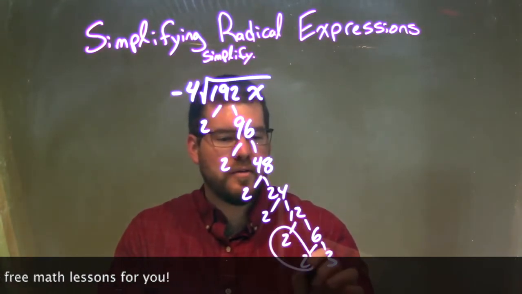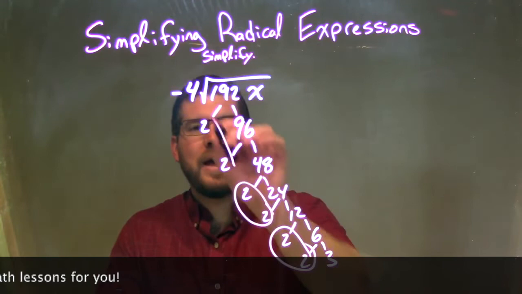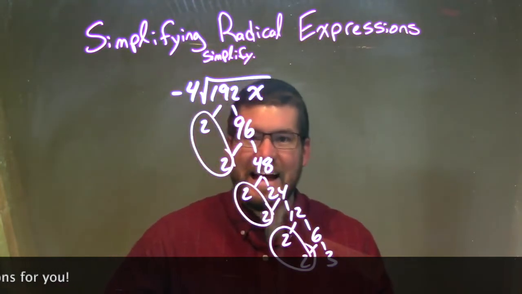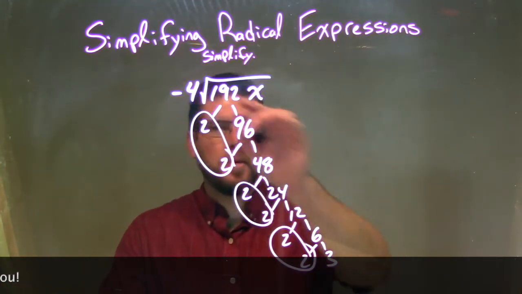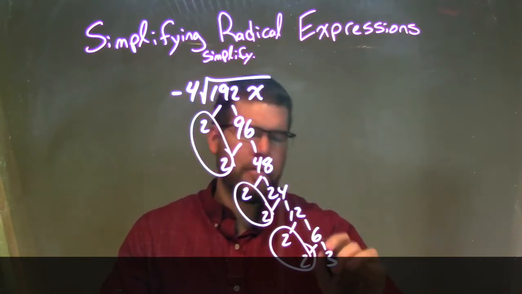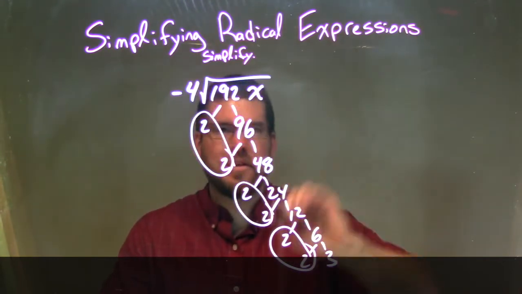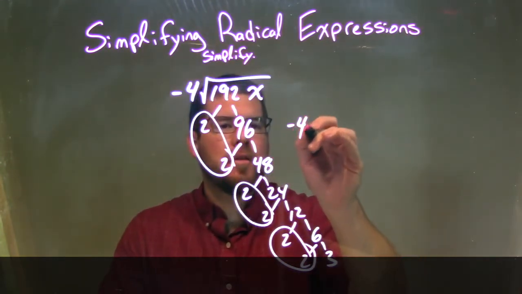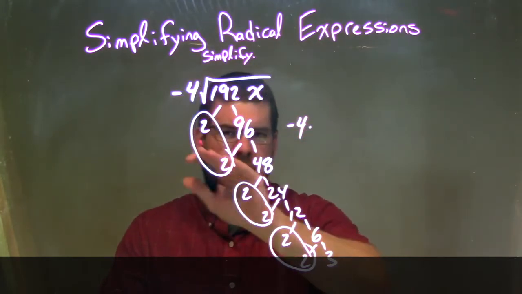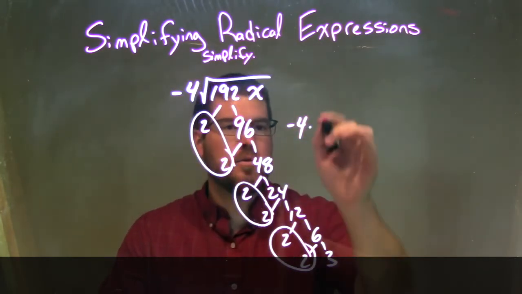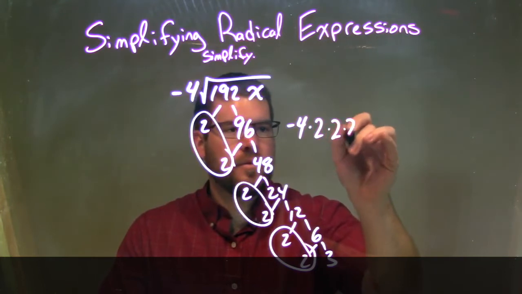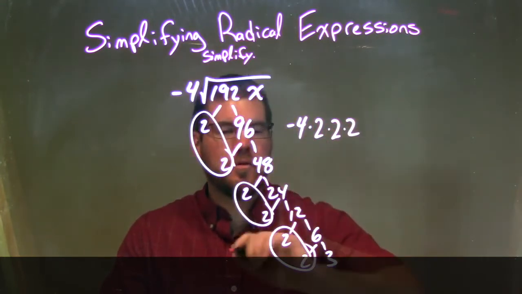Let's circle our pairs. I have a pair of 2's, 2 pair of 2's, and 3 pairs of 2's. Fantastic. Okay? So now when I rewrite this, there's no pair of 3's and there's no pair of x's, but there's single. So with negative 4 on the outside times each one of our pairs. I have 3 pairs of 2's. So we have 2 times 2 times 2, just 3 of them. All right, remember the singles represent the pairs.